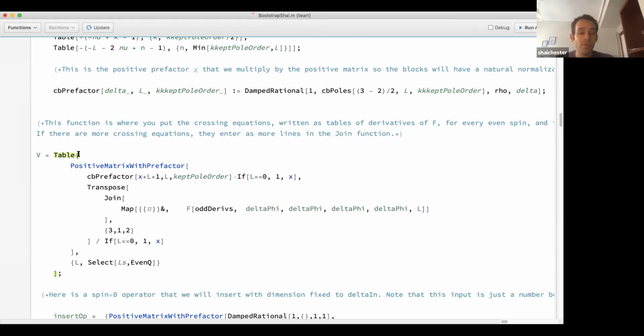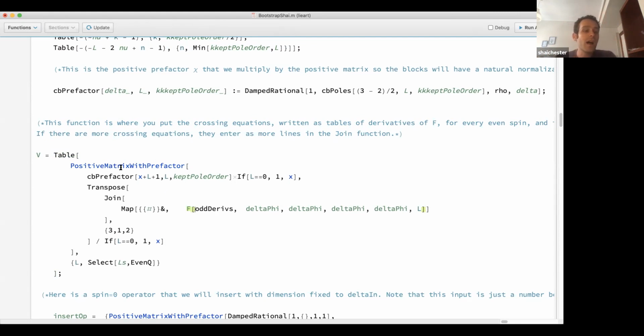As mentioned just a moment ago in the slides, you have a different constraint, one for every spin. That's why this table is going over all even spins in the choice of spins you have. Each entry is itself a table of derivatives in z and z bar. But that's exactly what f is, right? Because what f is doing is calling derivatives in z and z bar. So it's a table in spins, each entry of which is a table of derivatives in z and z bar.